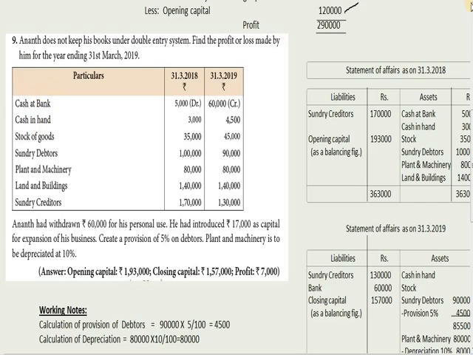Here in the problem, they are given balance of cash at bank, cash at bank 5,000 debit, cash at bank 60,000 credit.